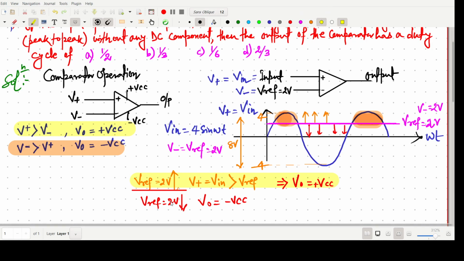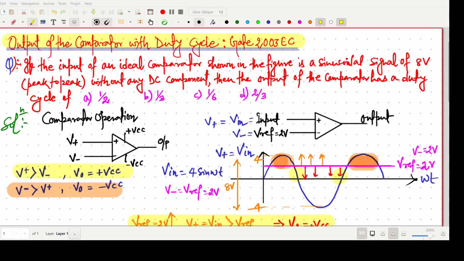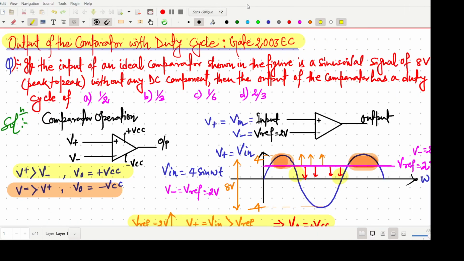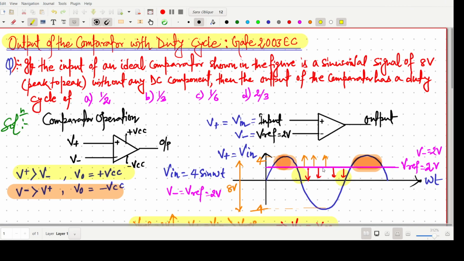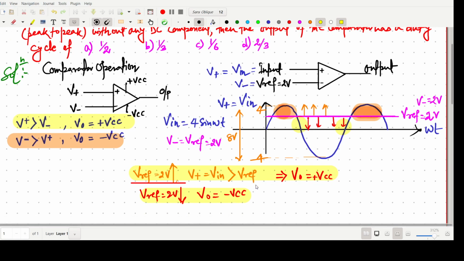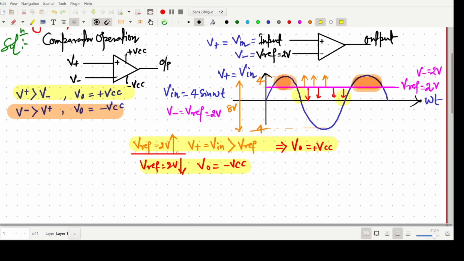Below this line, V naught equals minus VCC, because the V minus will be more. Here V ref will be 2 volt, but here it could be 1.5 or 1 volt, like this. Now again I am redoing the output response for this circuit.